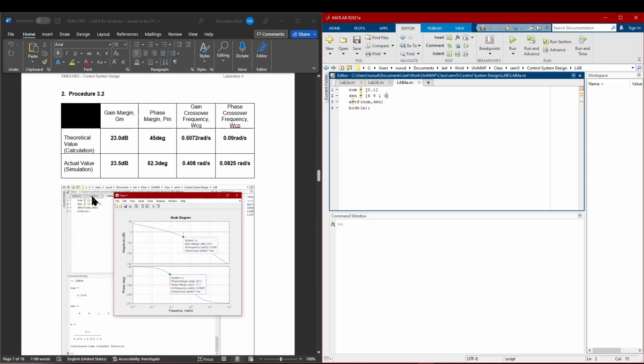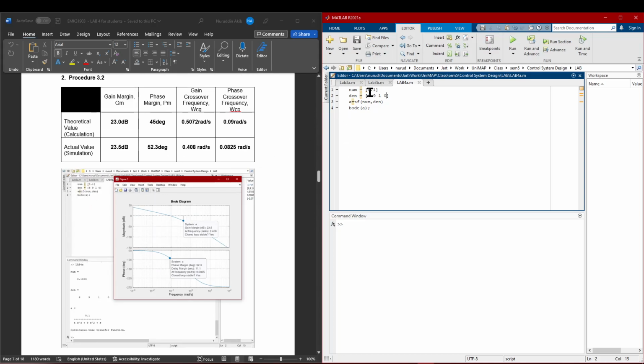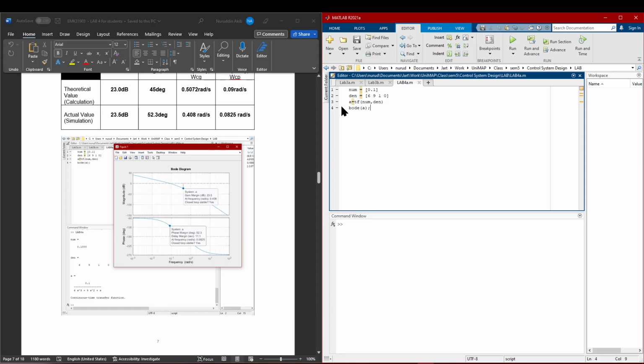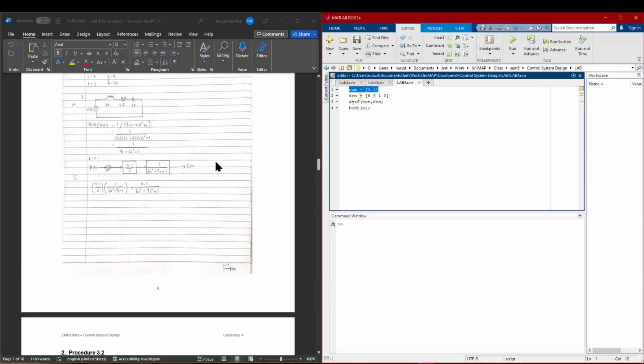So I will demo the result, and this coding is the same coding that was used in lab 3. So numerator 0.1, and denominator will be 6, 9, 1, and 0.